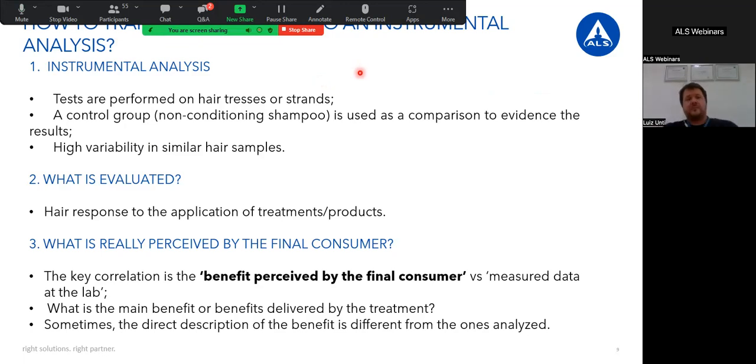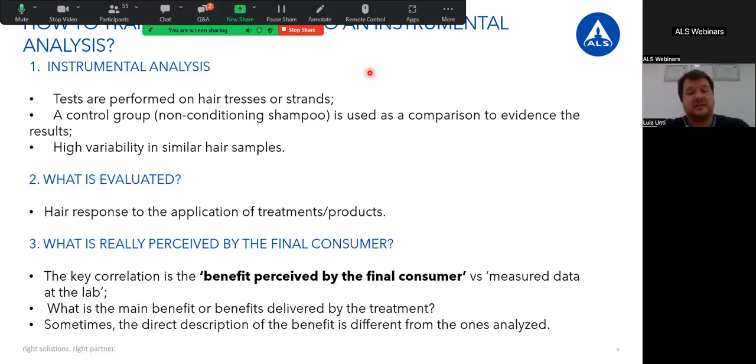As I said, for instrumental testing, we perform those tests on tresses or strands, and we have to use a control group to show how much the treatment can provide a benefit to the hair.